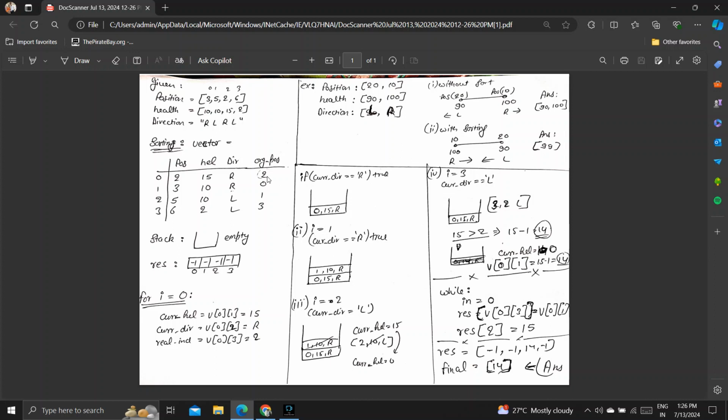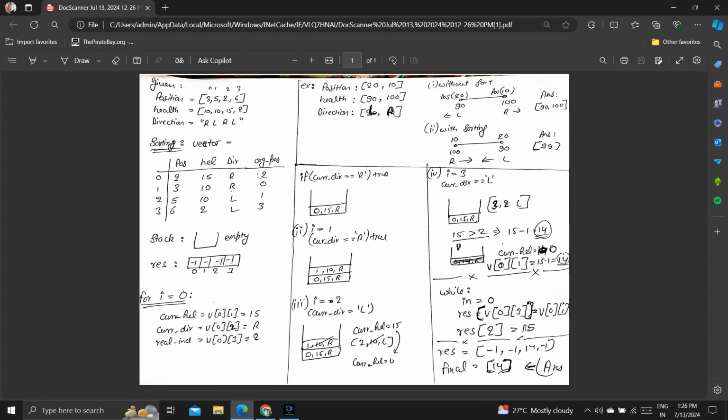Our original index is this particular one, 2. So v of 0 of 3, right? 3 is at this particular 0, 1, 2, 3. And what we will store here? We will store v of 0 of 1. And this is 15, but now it has become 14. So resultant of 2 will contain 14.